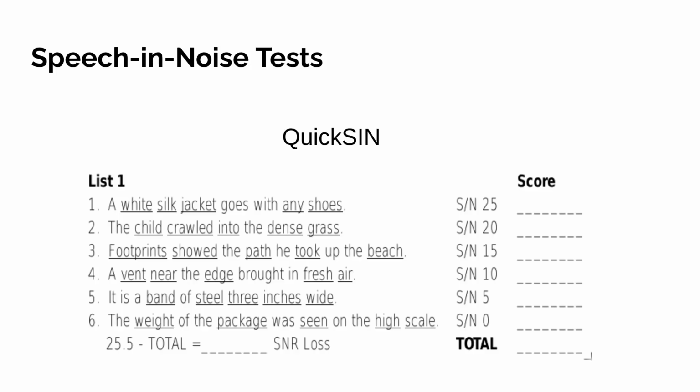You put the number correct in the column, you add them up at the end out of 30, and then you subtract 25.5 minus 30, and you get the SNR loss. The SNR loss is how much better an SNR they need compared with somebody with normal hearing. SNR being signal-to-noise ratio.